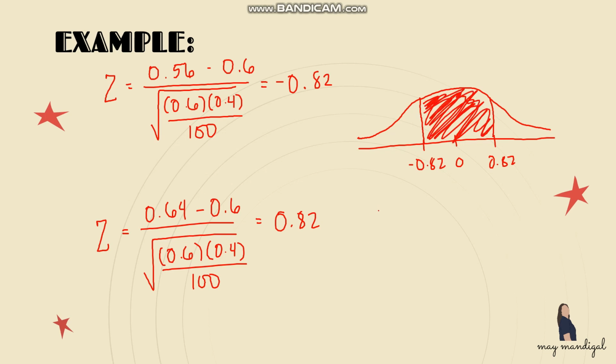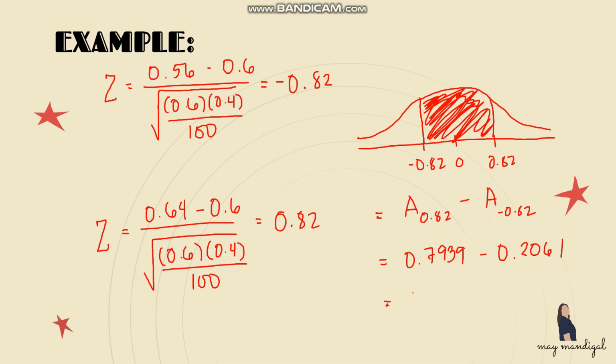So all you have to do is get the area to the left of the larger z-score, which is 0.82, and then subtract from it the area to the left of the other z-score, which is negative 0.82. So the area of that is 0.7939 minus 0.2061. Again, just refer to your z-table and look for the areas of these z-scores to the left.